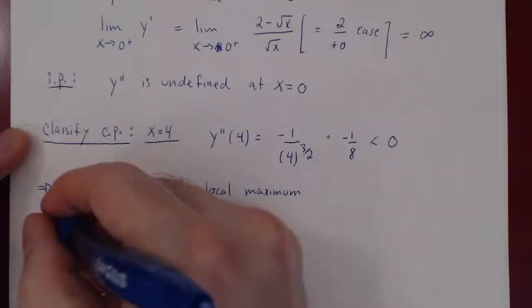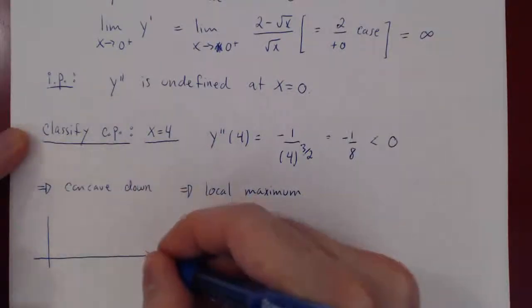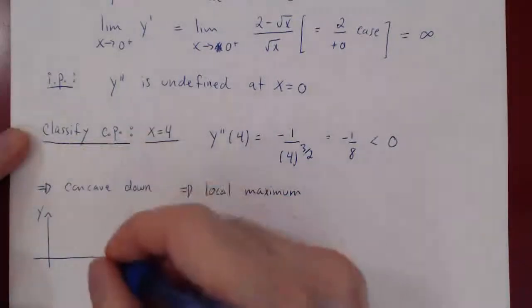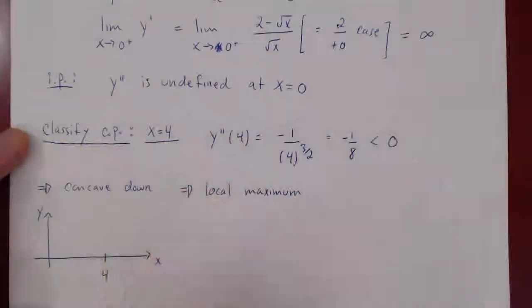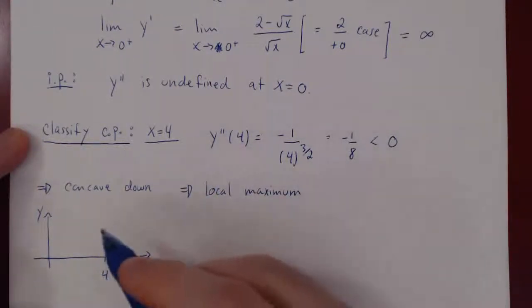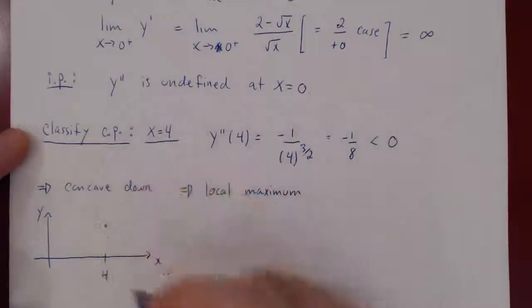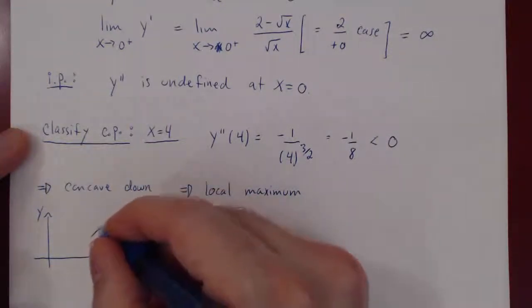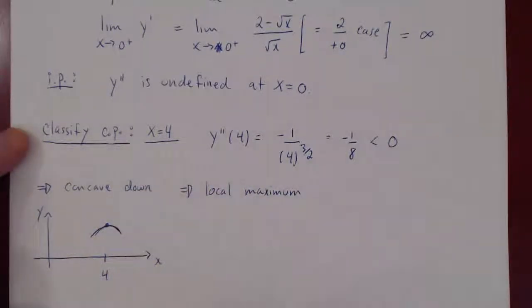So around x equals 4, for the time being, assume the curve is non-negative around x equals 4. Since the derivative is 0 at 4, the curve will be flat. And being concave down, we have a local maximum. So the curve would look something like this, around x equals 4.